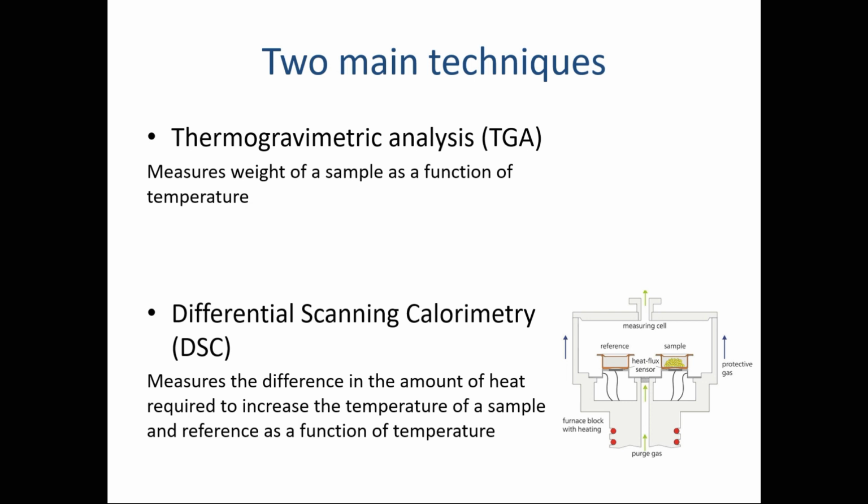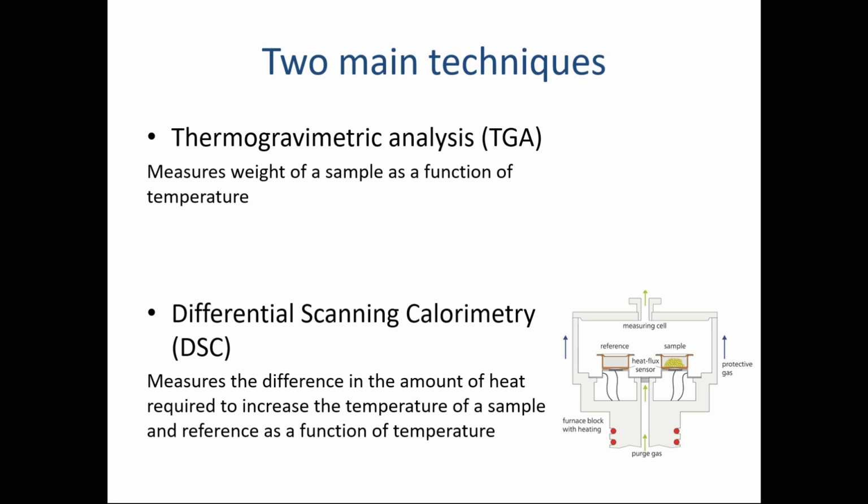Very often it will be just an empty DSC pan made of aluminium or any other thermally inert material. Both sample and reference undergo a controlled increase in temperature, and nothing will happen with your reference because it is thermally inert.